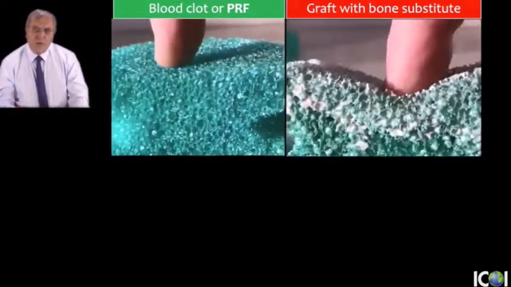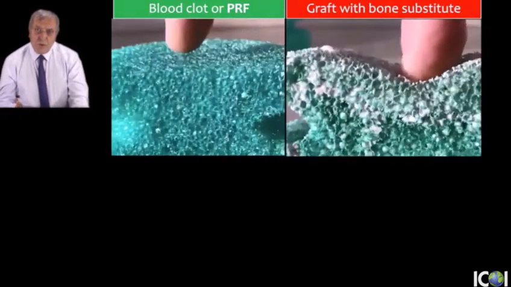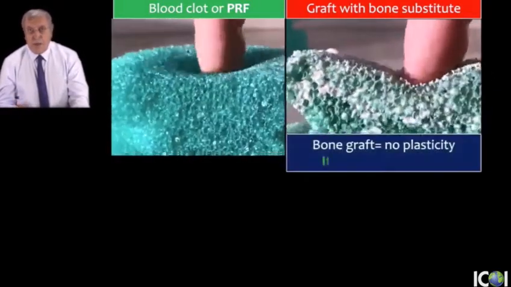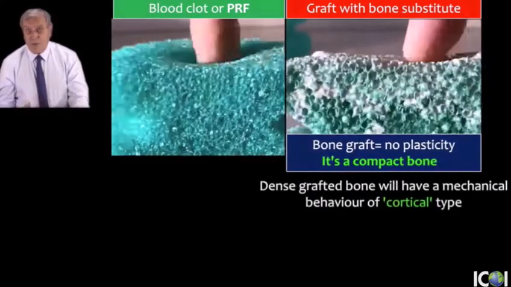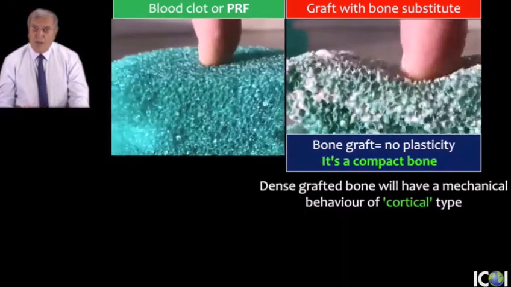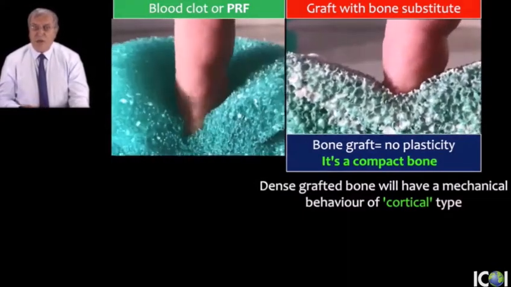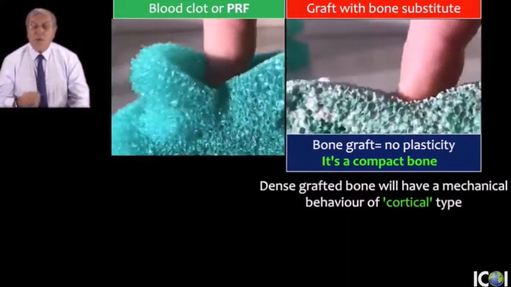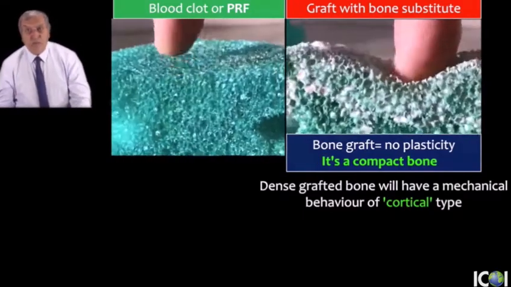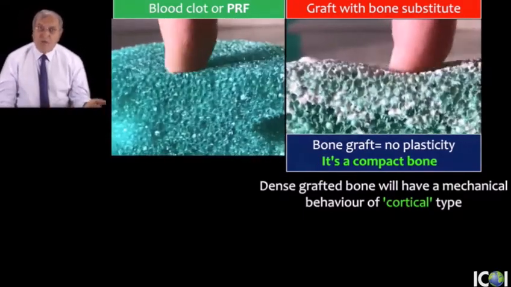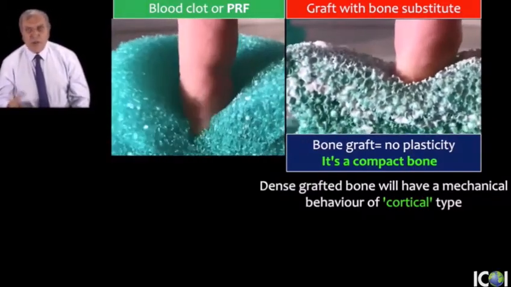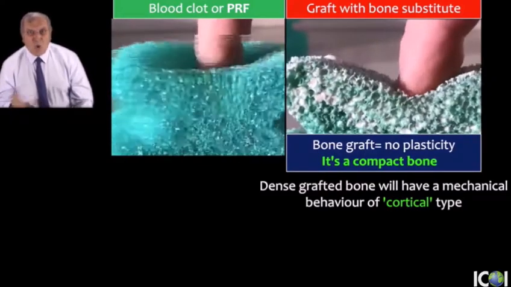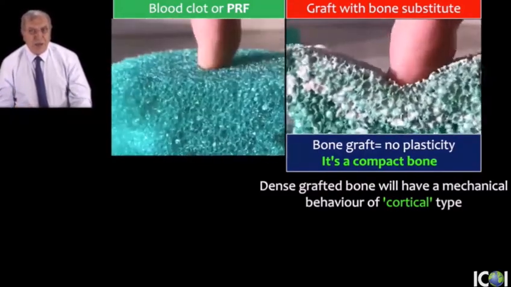But when we put granules inside, the new bone becomes compact without any plasticity. And this compact, dense bone will have a behavior as a cortical bone. Big difference. On one side we have trabecular bone, and on the other side we have a trabecular bone which behaves like a cortical. Then we can understand that we must take care.